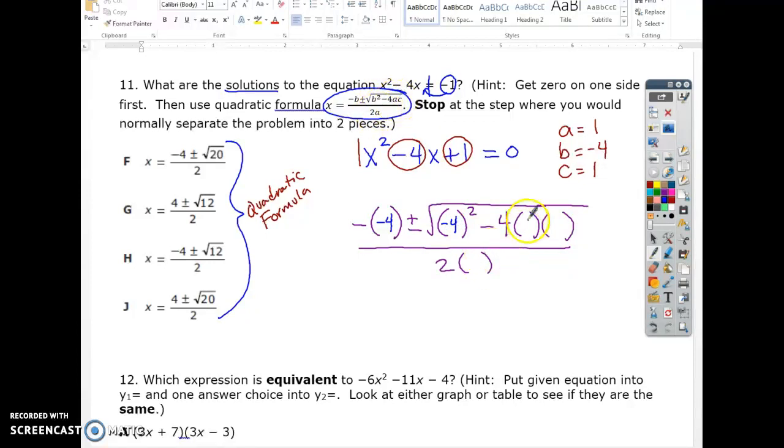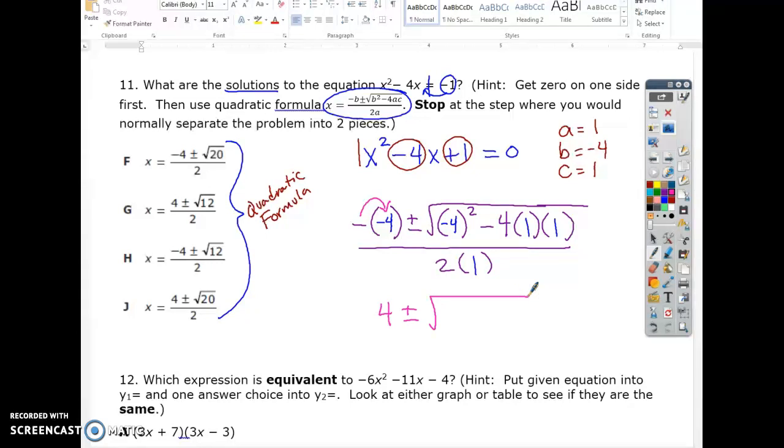So here and here I'm going to put a, which is 1. And then this is my c, and I'm going to put a 1. Okay? I can distribute this -1 here, which turns it into a +4, plus or minus the square root of.